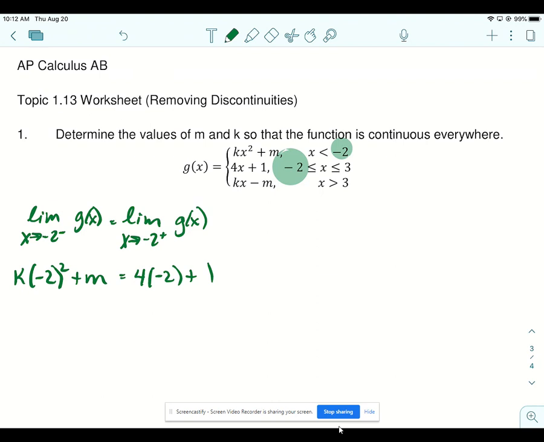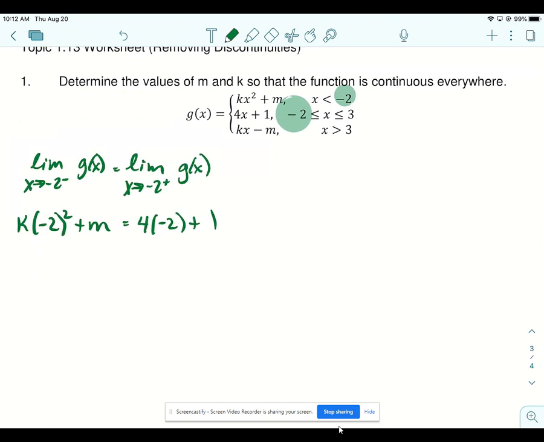All right, so negative 2 squared is 4, so we get 4k plus m, and then that's going to be negative 7. So this is different. It didn't work out nicely like last time where you're just left with b equals 2 or whatever. So we're not quite done with that one. So we're going to go ahead and look at the other one real quick.